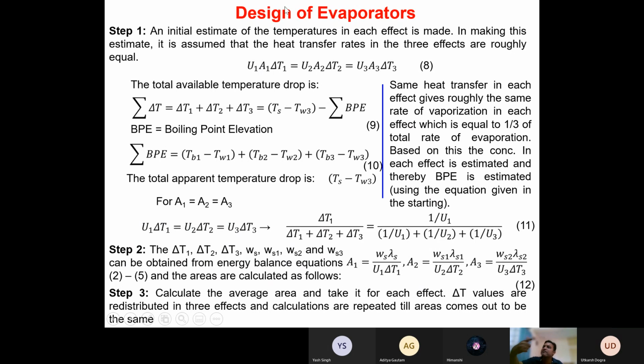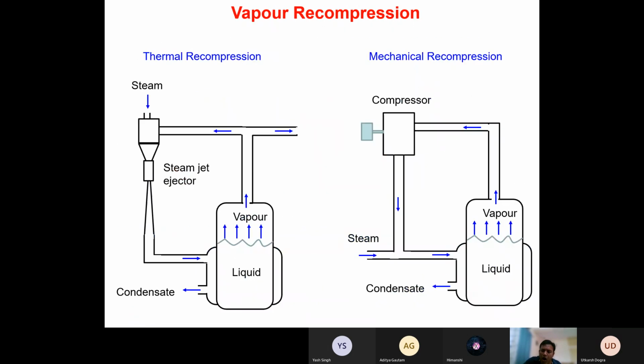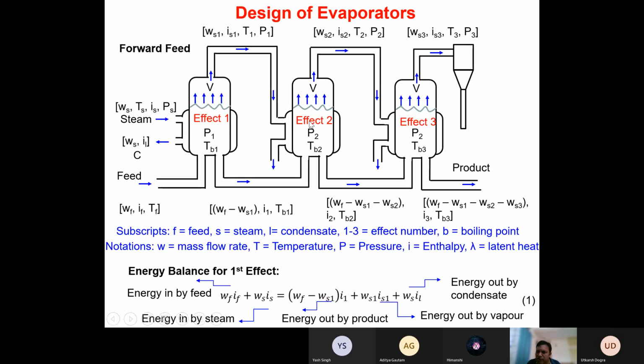That's where these iterations come into the picture. Again, A1, A2, A3 are the same. So we will get U1 delta T1 equals U2 delta T2 equals U3 delta T3. That is what we are going to get. In addition to that, the total temperature difference across this entire setup of these 3 units, what is the total temperature difference?